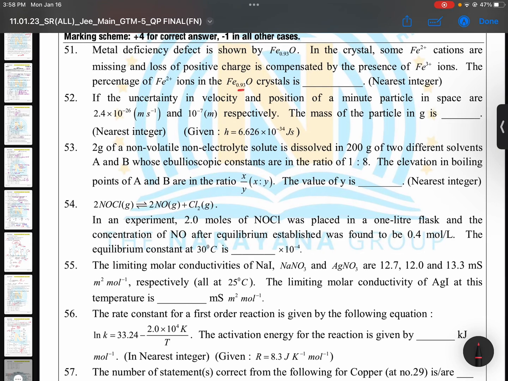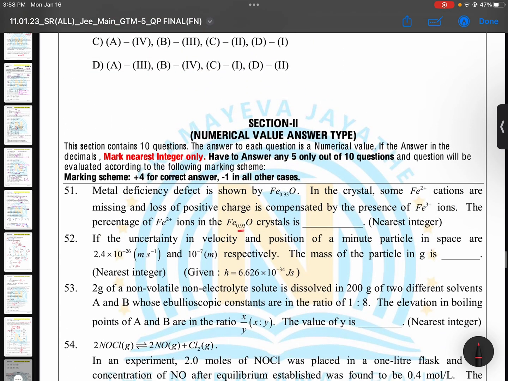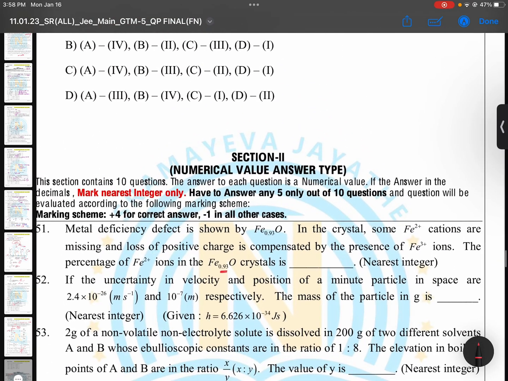The formula is Fe0.930. Here I will show you how to solve this. Let us take Fe2+ ions as x and Fe3+ ions as 0.93 minus x. Total is 0.93 only.